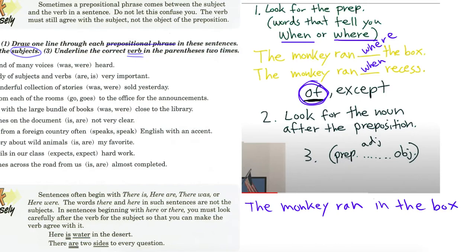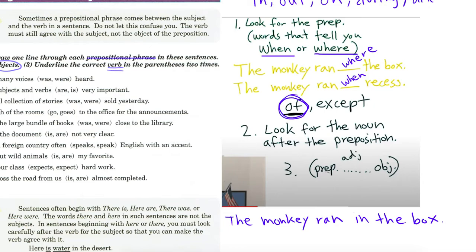First step would be to look for a preposition word. I know in is a preposition word. Then look for the noun following after the preposition. So the is not a noun, it's an adjective, right? In the box. So in the box is my prepositional phrase.